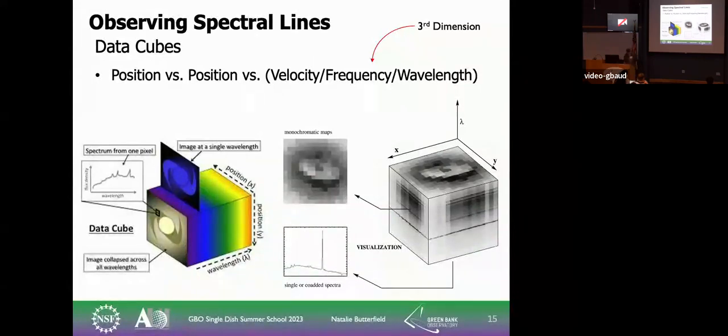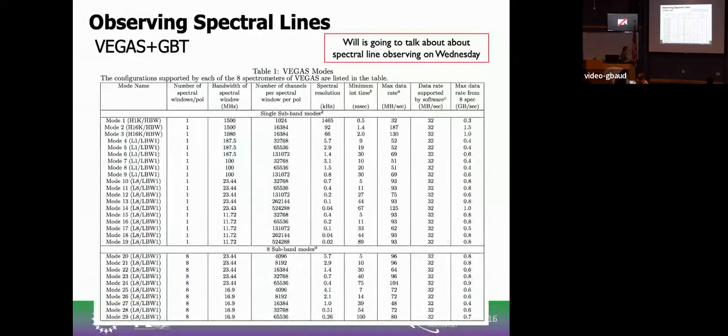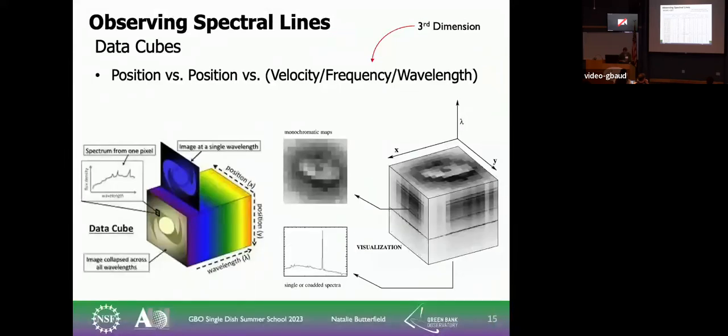Will is going to talk about this more on Wednesday, but I did want to introduce it here since we are talking about spectral lines. The GBT has a backend called Vegas. In Vegas, you can do different types of spectral setups depending on the type of science you're doing and the frequency you're observing at. There are a lot of different combinations you can use to set up the data cube we saw earlier.